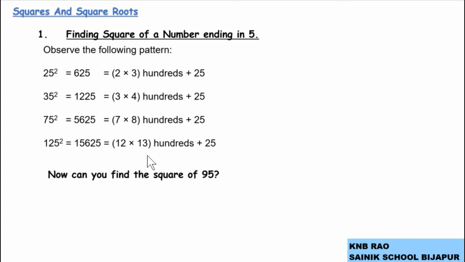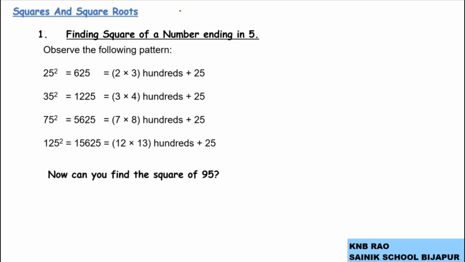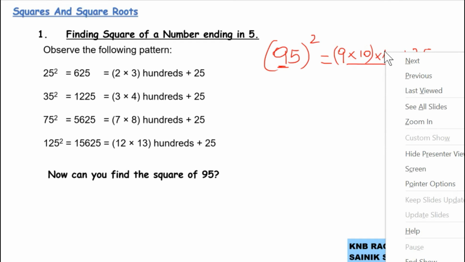If you want to find the square of 95, what should I do? First, surely this number ends in 5. Now the other digits, I have to multiply 9 with its successor, 9's successor 10, and this gives hundreds.